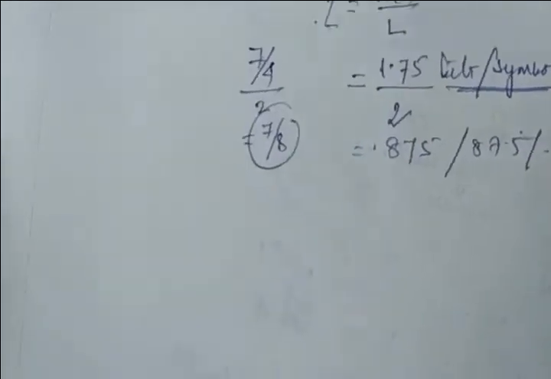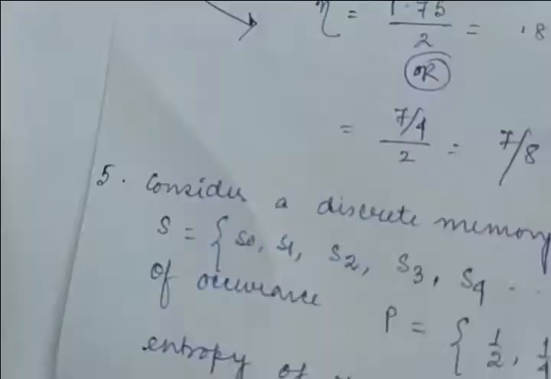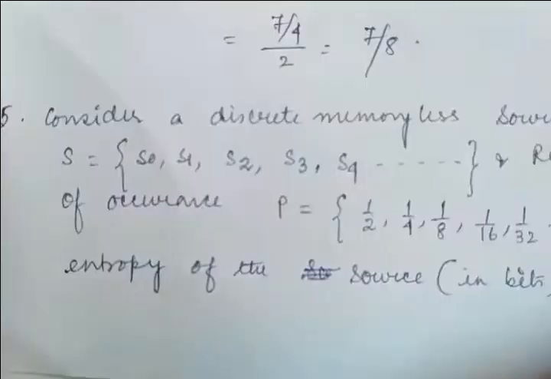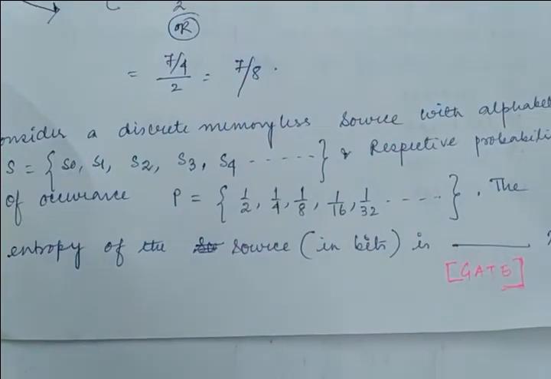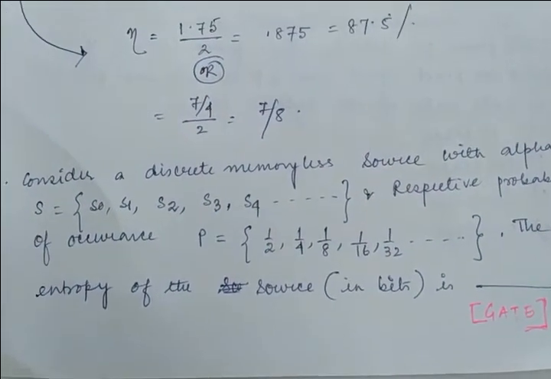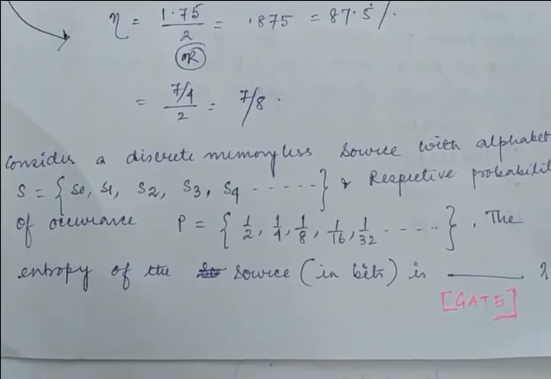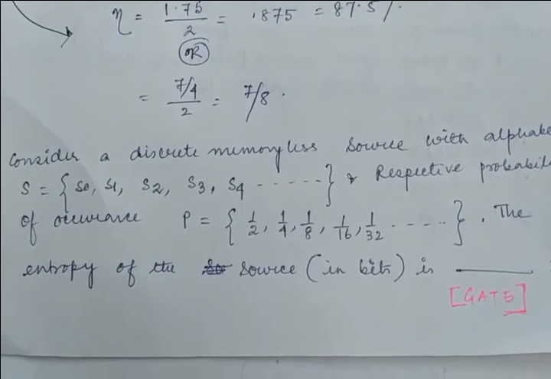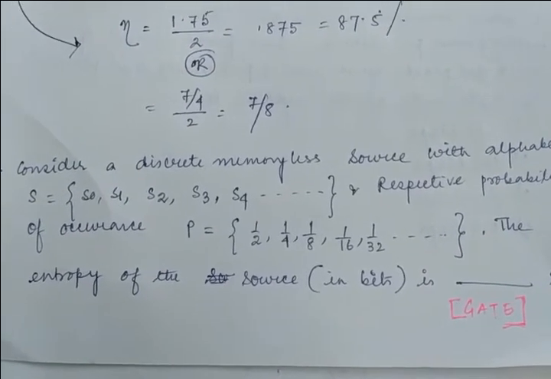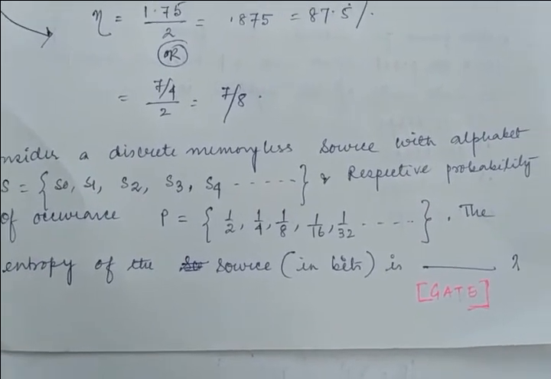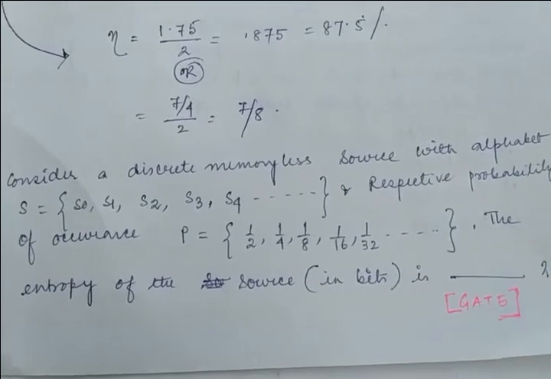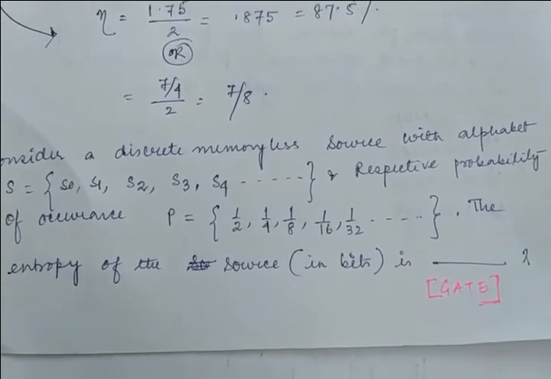Now I am coming to another question, question number 5. Please see it: consider the discrete memoryless source with the alphabet S equal to S0, S1, S2, S3, S4 and so on. So there are an infinite number of symbols, and the respective probabilities are also given.